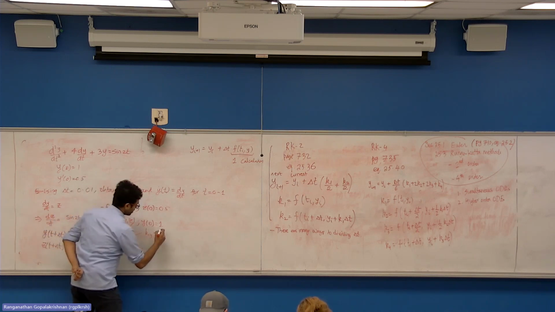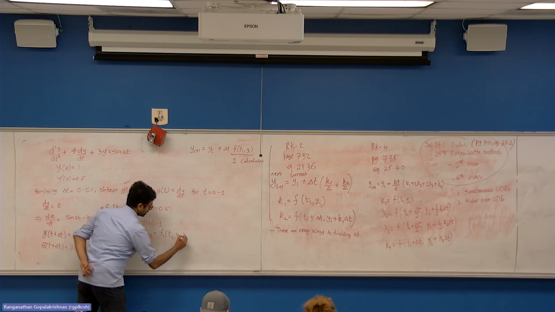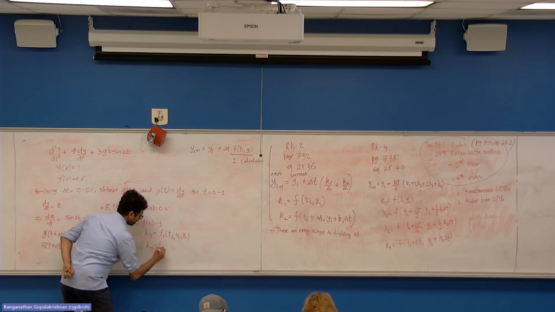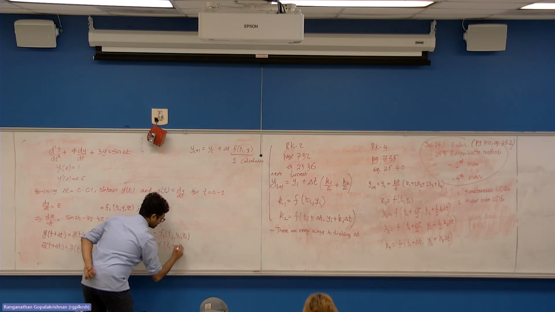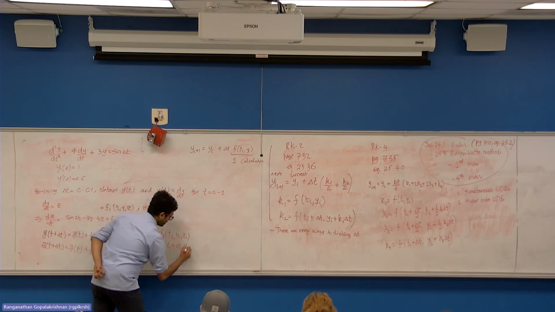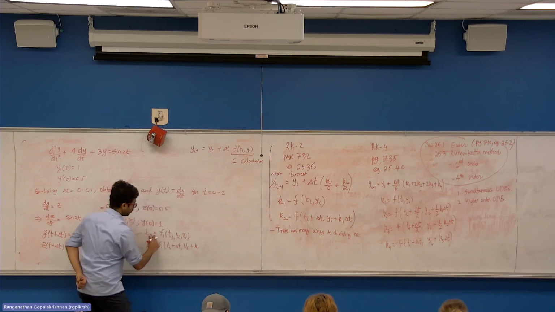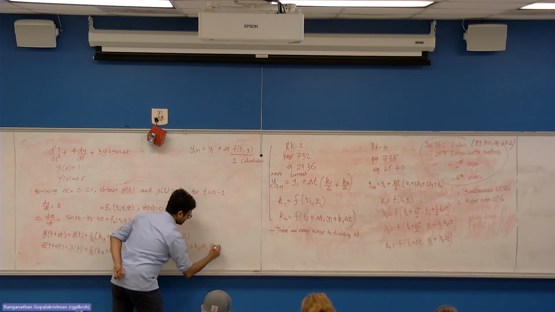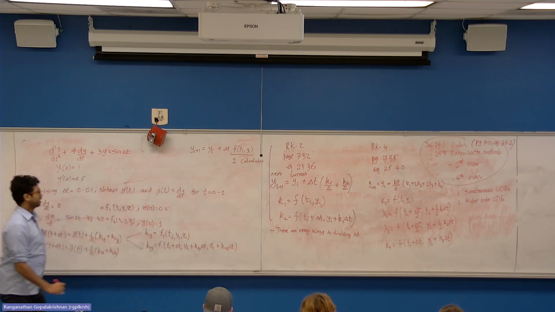That is equal to F1 of t i, comma y i, comma z i, and K2y is F1 of t i plus delta t and y i plus K1y delta t and z i plus K1z times delta t. That's the only change here.